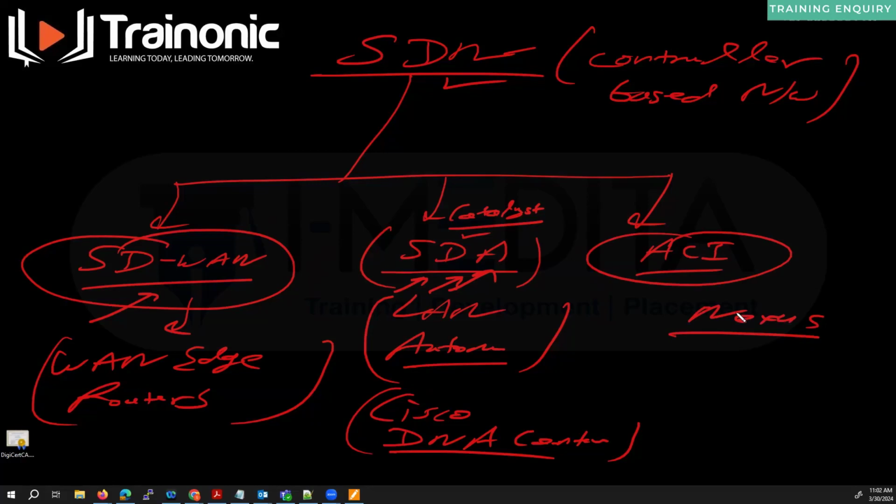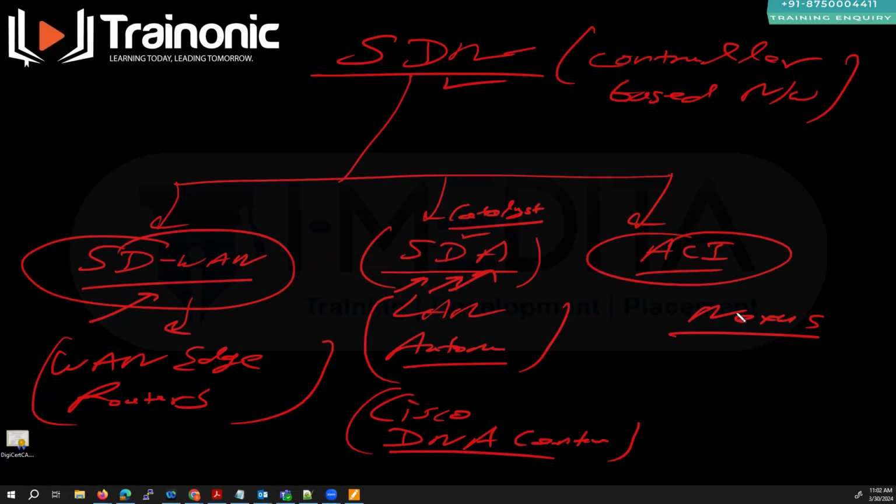So for Catalyst switches, you have got SDA, and for Nexus switches, you have got the ACI. See, there are so many similarities between those technologies, like SDA and ACI. If you compare them, in SDA and ACI both, you are going to build a fabric. Even in SD-WAN also the fabric is created. So what is fabric? It's a virtual network. So virtual network is everywhere in SD-WAN, SDA, ACI, everywhere.